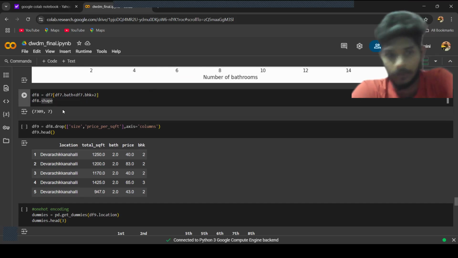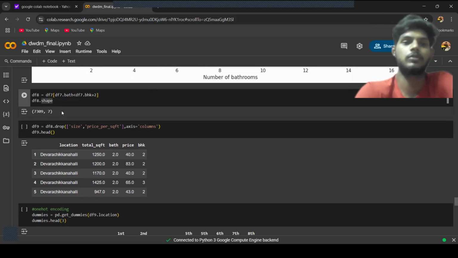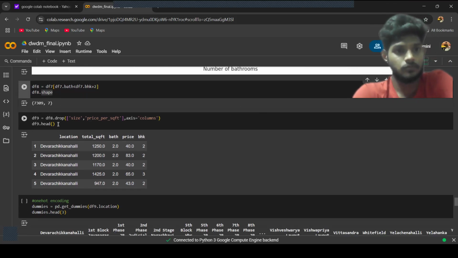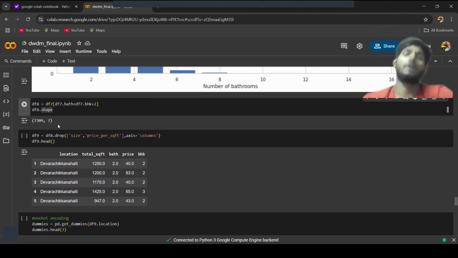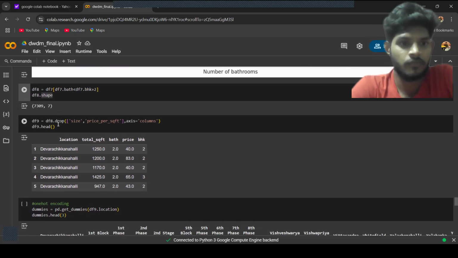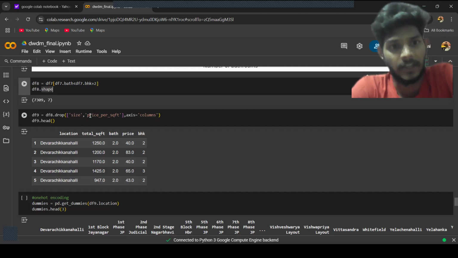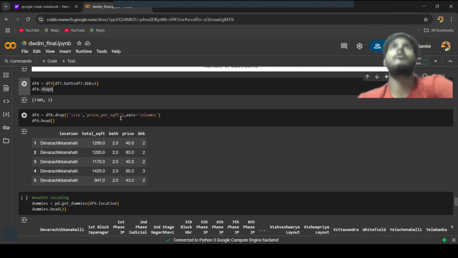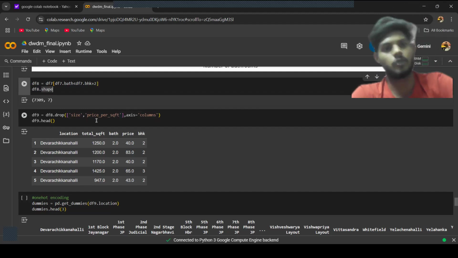The current dataset contains 7,309 records. Now we will be dropping the size and the price per square footage features, because we had added price per square footage earlier, so we can remove it now.